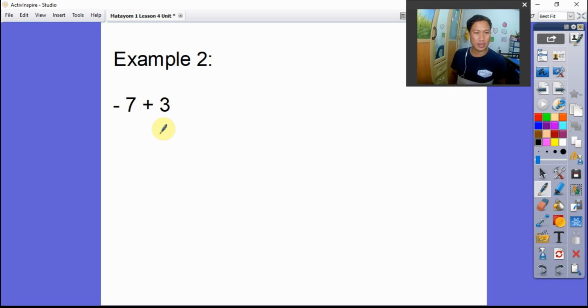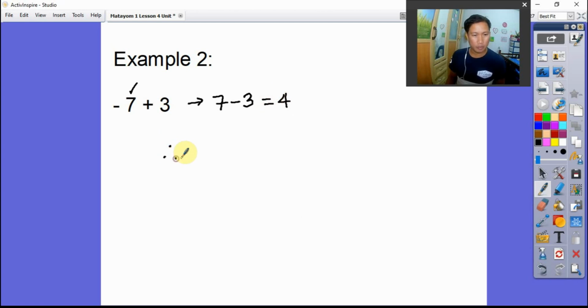Number 1, identify the larger number. What's the larger number? 7 or 3? Obviously it's 7, not -7. Just look at the number, 7. And we will subtract the larger number minus the smaller number, 3. 7 minus 3 is equal to 4.